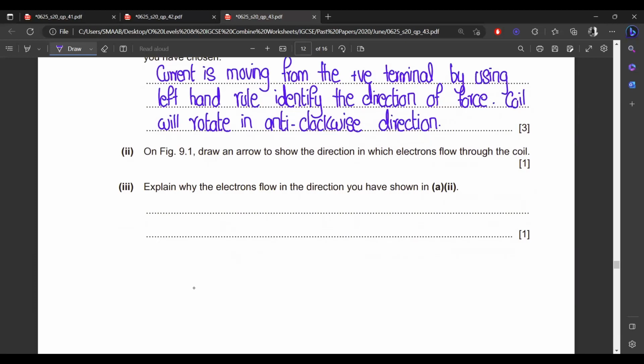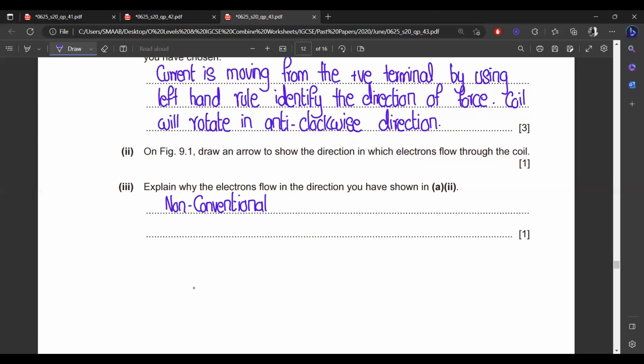Due to the non-conventional flow. Yes, this is non-conventional. And this actually happens when negative is going to be repelled by the negative side.